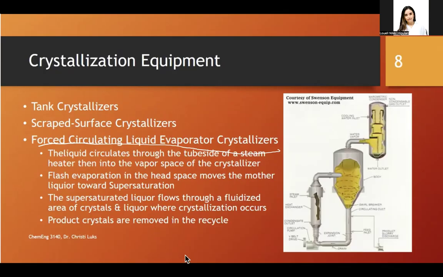So this is where you are adding the evaporation process, and at the same time, you have your crystallization process. So flash evaporation in the headspace moves the mother liquor towards supersaturation. The supersaturated liquor flows through a fluidized area of crystals and liquor where crystallization occurs. Product crystals are removed in the recycle.